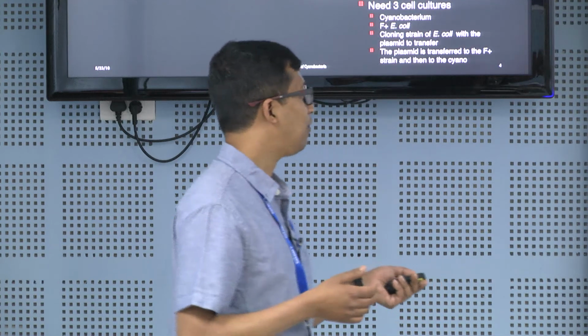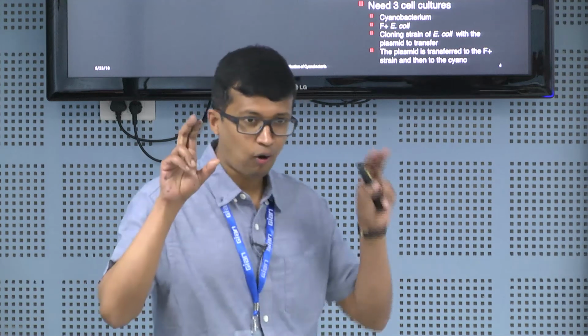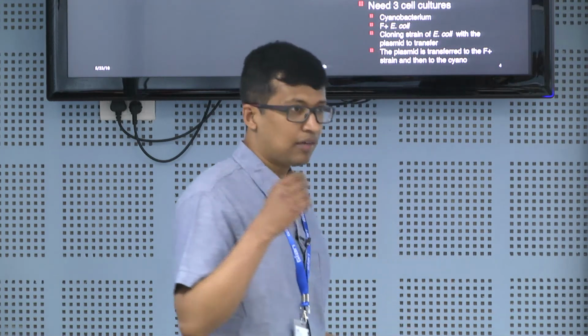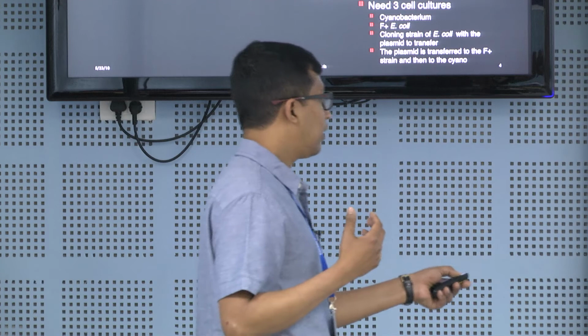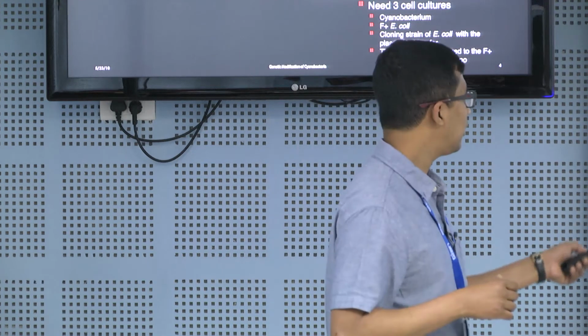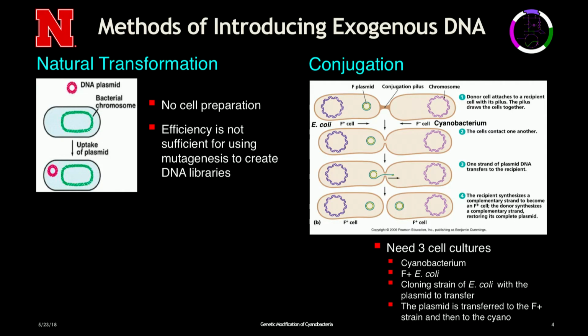So, basically you have to pass the foreign material to your system of interest through a different system when they are close by, plain and simple. That is conjugation. The issue is here, you might have to start with 3 different cultures: one, your system, one, your vehicle, and one other system where you are designing the plasmid basically, right.